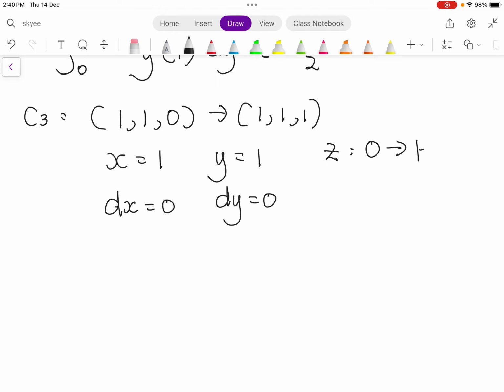Do you know why it is 0? Because there is no variable for you to differentiate. It is a constant, and when you differentiate, it will be 0. So I'm going to change it to z dz. I copy here again.